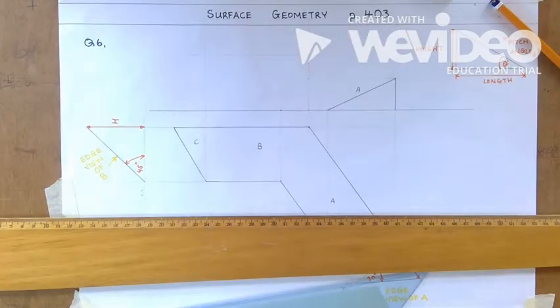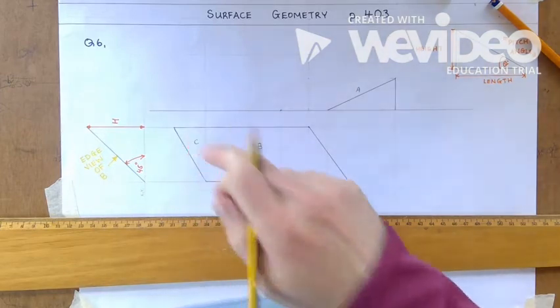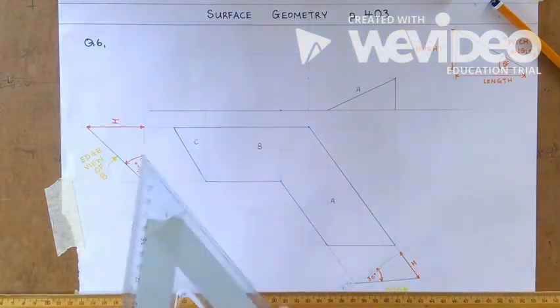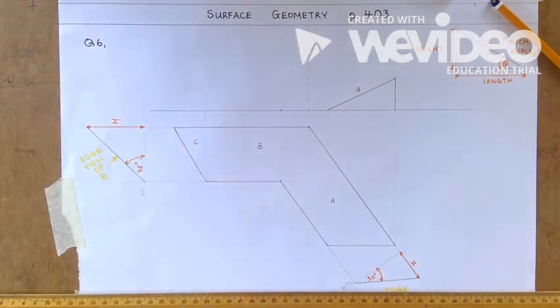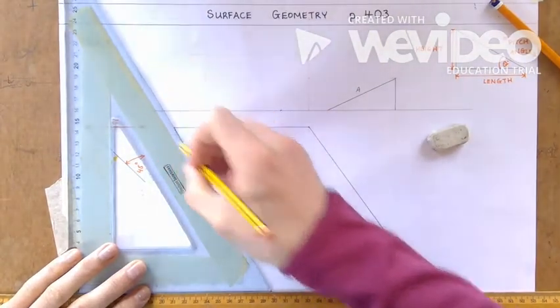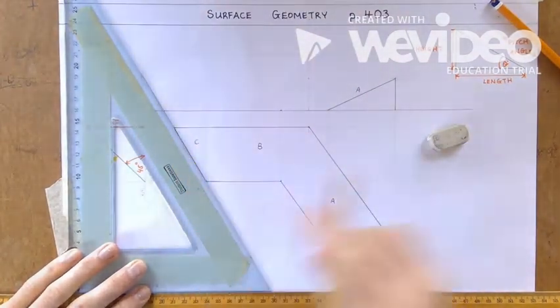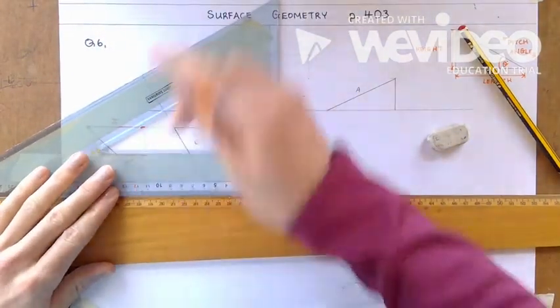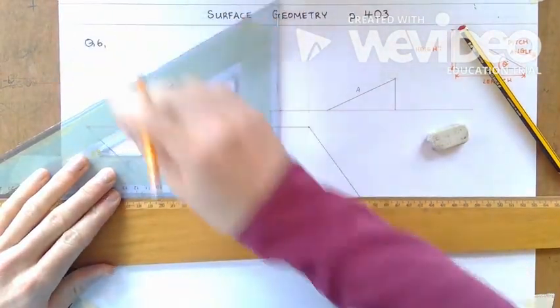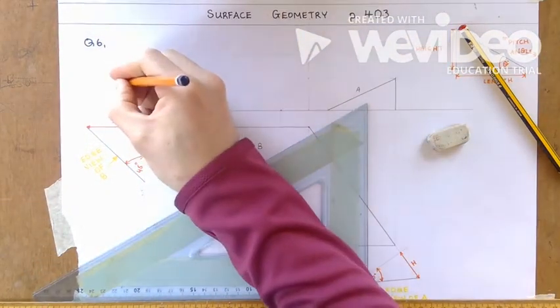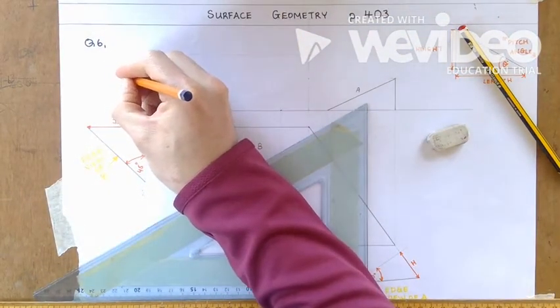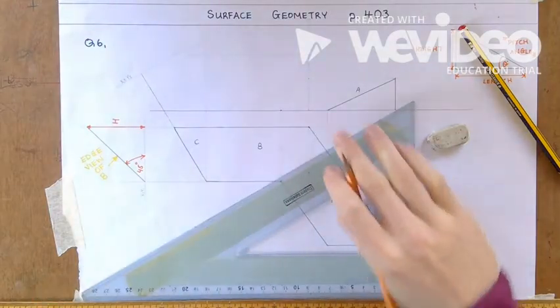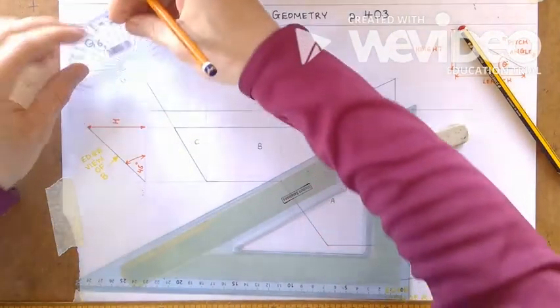We know that C has a pitch angle of 60 degrees. So what we're going to do now is project a view, so I'm going to call that x3, y3. Now that has an angle of 60 degrees.